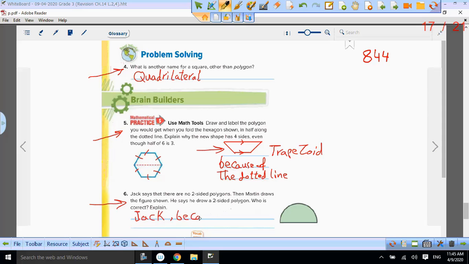Because the shape has only one side and a curve, so it is not a polygon.